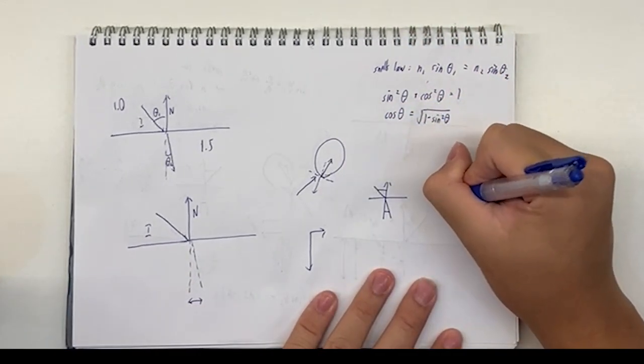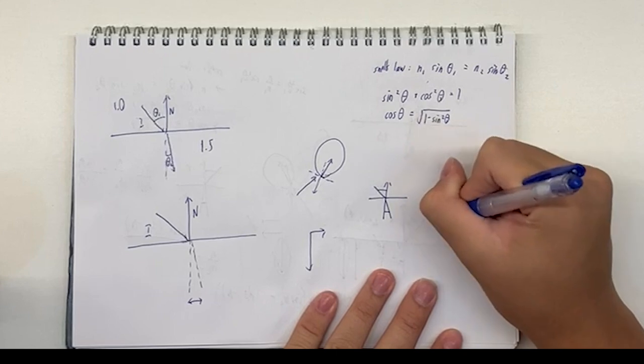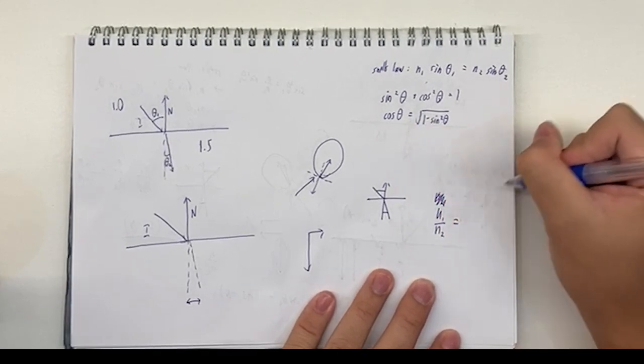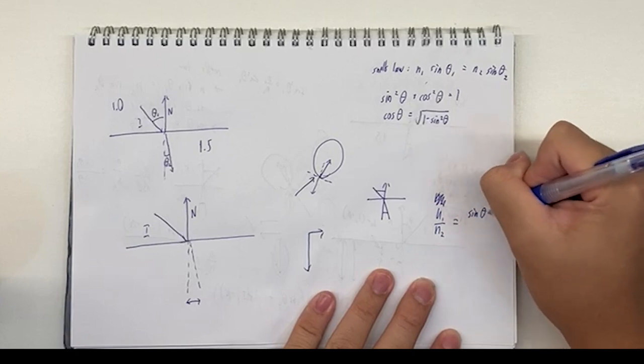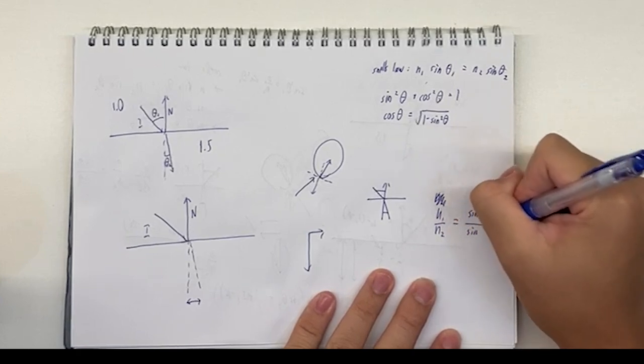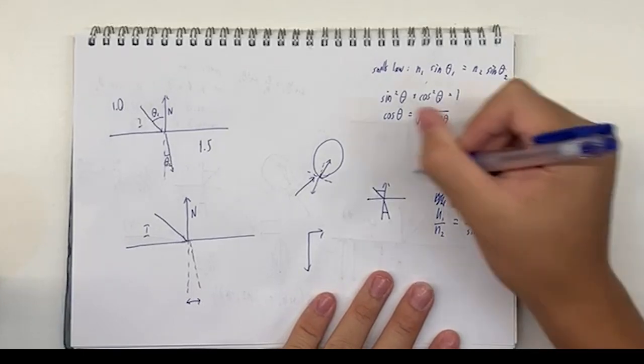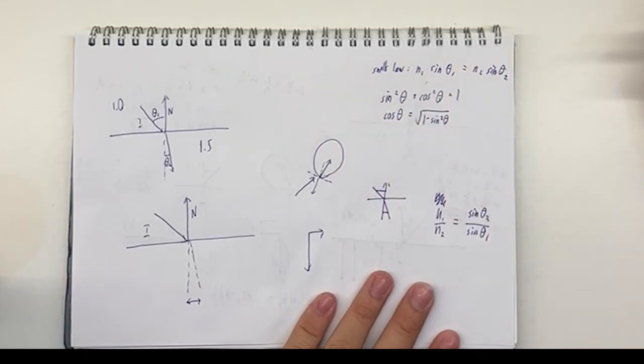So if I redo the equation, we would get n1 over n2 is equal to the sine of theta 2 over the sine of theta 1. So this would be the sine of theta 2, and this would be the sine of theta 1.